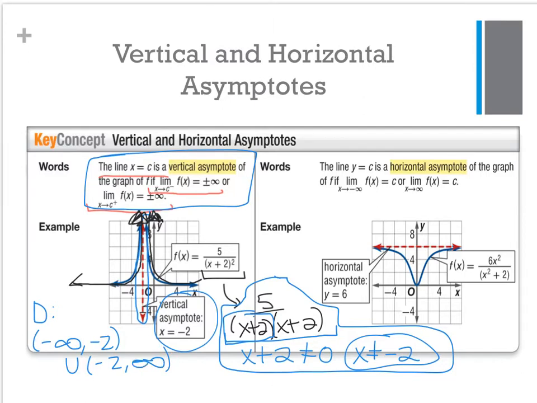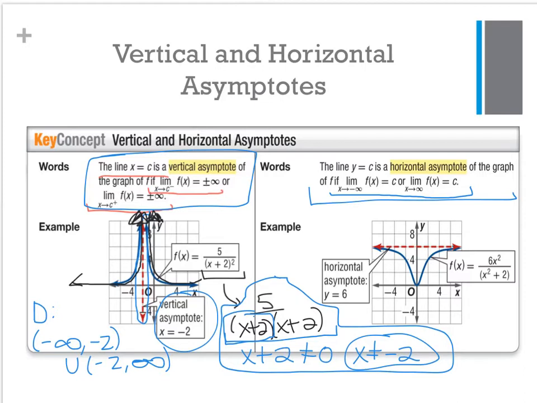Now, in words, for a horizontal asymptote, the line y equals c is a horizontal asymptote of the graph of f if the limit as x approaches -infinity of the function is equal to c, or if the limit as x approaches infinity of the function equals c.